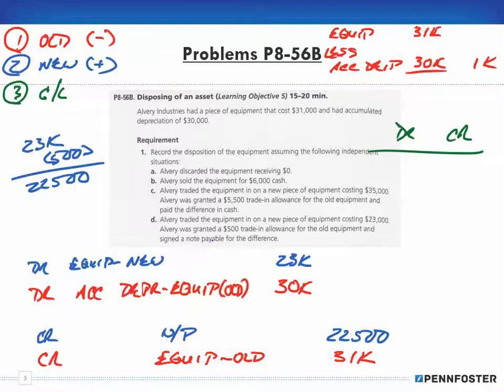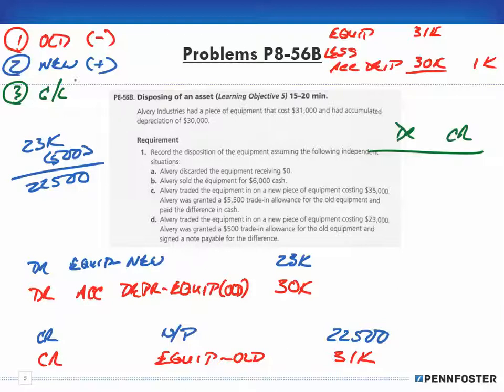When you're making a journal entry, you have to think about what category the note payable is. That's a liability. And since our note payable went from 0 and it's increasing to $22,500, that's an increase, and we increase our liabilities on the credit side. So we have a credit to note payable for $22,500.